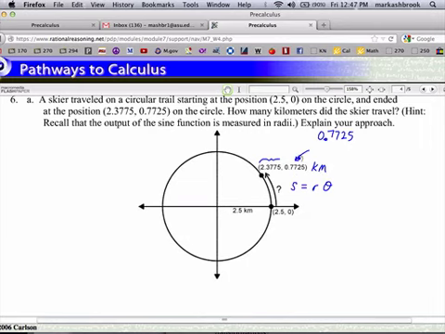Okay, but arcsine is going to be the y-coordinate, right? Yeah. So we need this distance right here in radius lengths. 0.7725 divided by 2. That's right. We're going to take how many kilometers it is divided by how many kilometers are in one radius length. What fraction of a radius do we have? What is that value? 0.309.